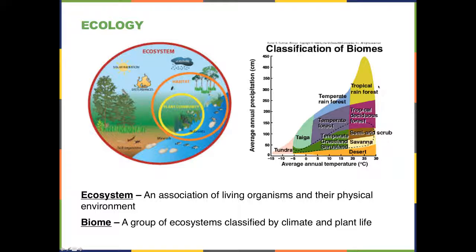One particular biome is called the tropical rainforest. The tropical rainforest is defined by the amount of rain that occurs, which has to be over a certain amount, and how hot the temperature is. Those are the climatic conditions required to call something a tropical rainforest.